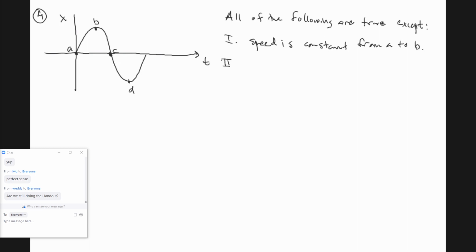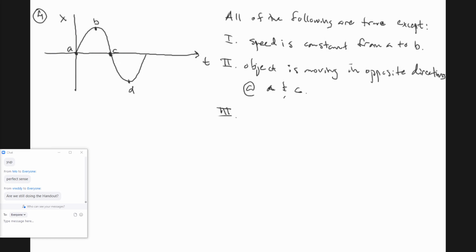2. The object is moving in opposite directions at A and C. 3. Give me a second.